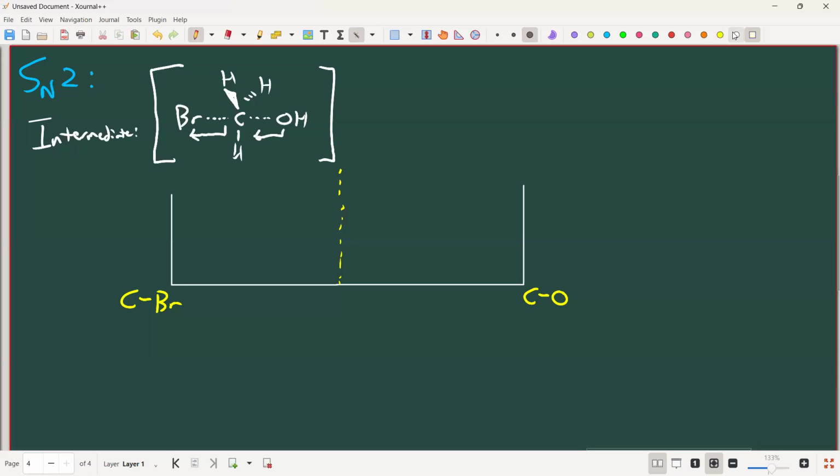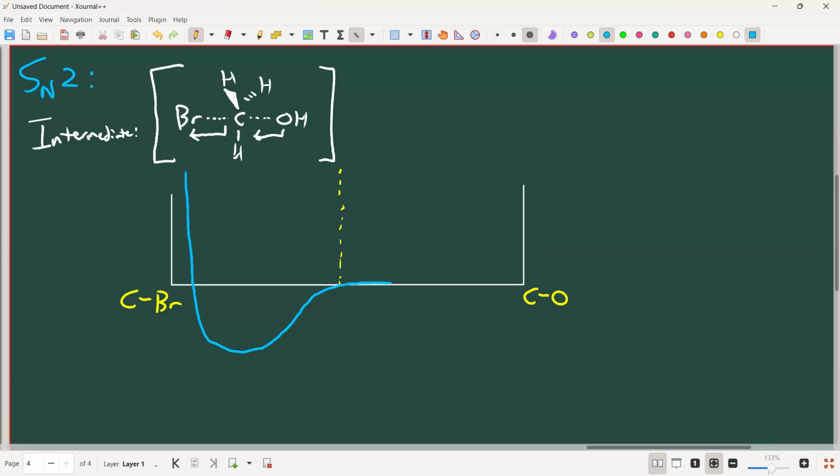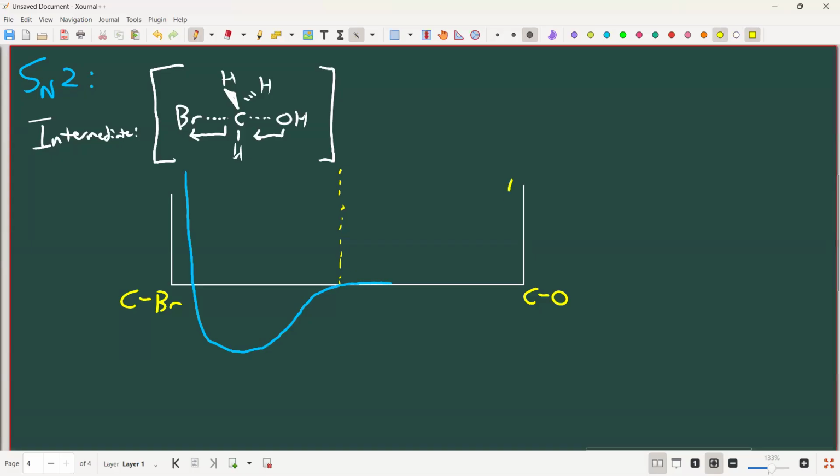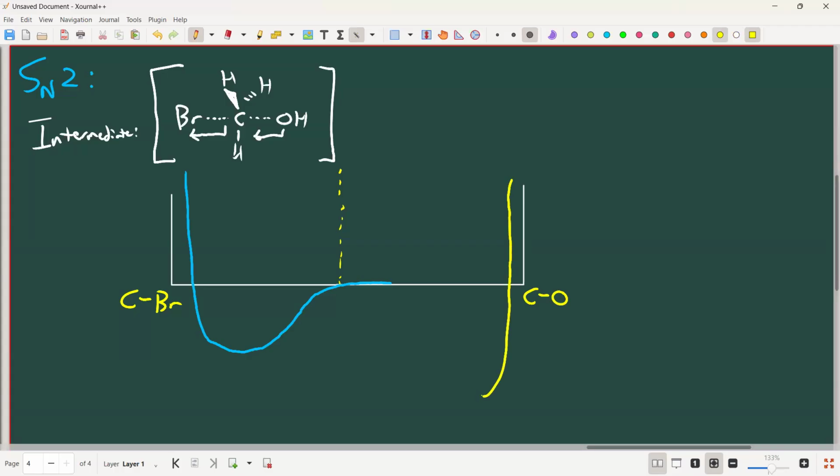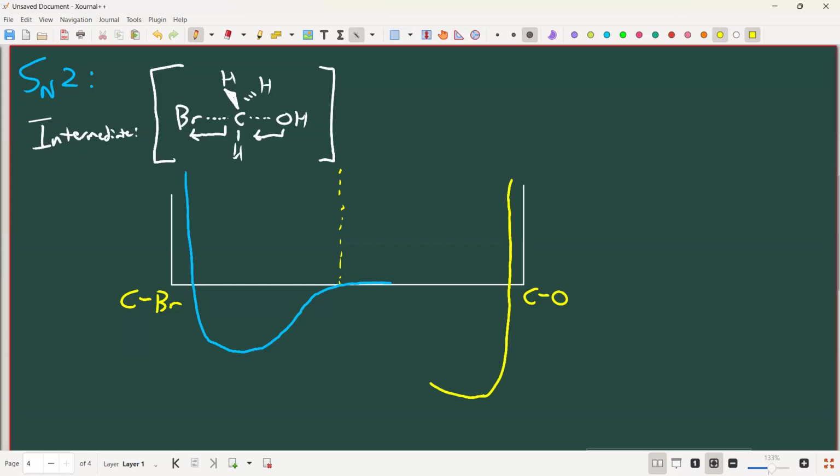If I were to draw these, we have some potential for the CBr bond length that looks like this. And the CO bond length also has an equivalent one, but it's more negative than the CBr one, and I'll explain why in a second.